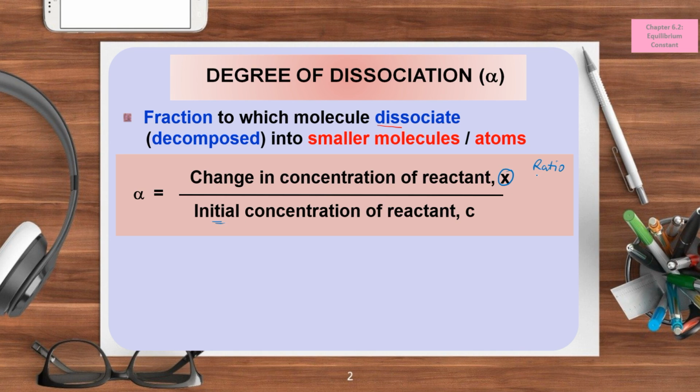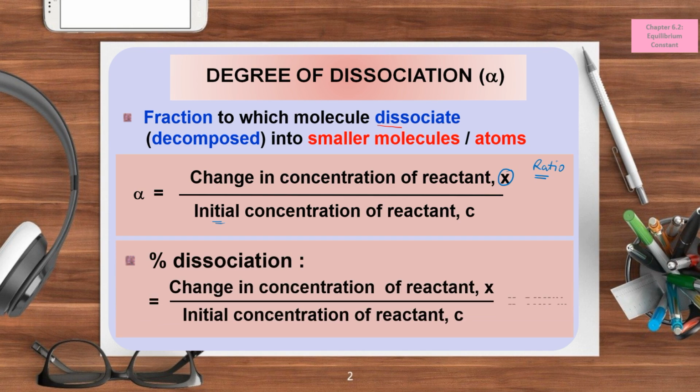So this is in terms of ratio or fraction for the degree of dissociation. If the question asks for percentage dissociation, it's very simple, just the same formula: change in concentration, X, over the initial concentration, times 100%.